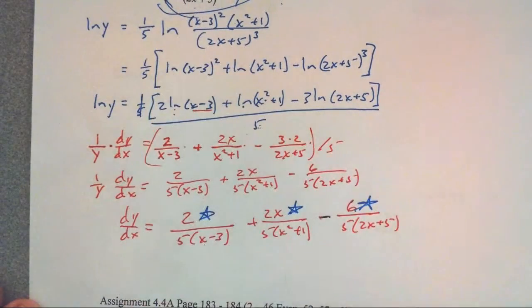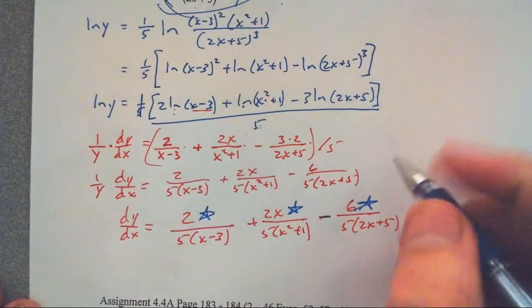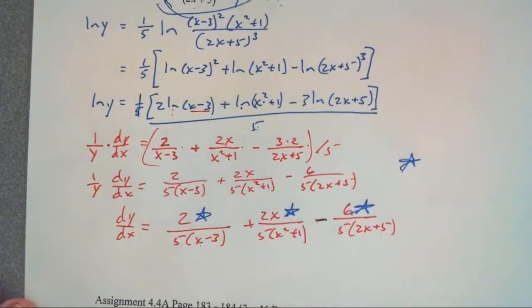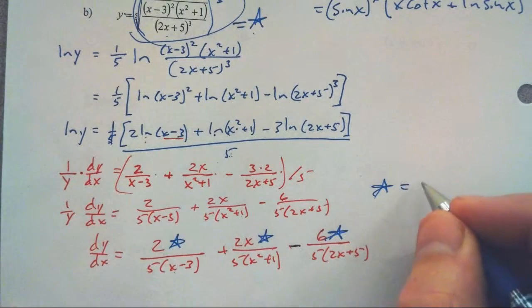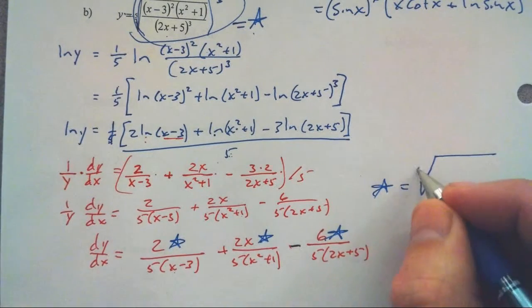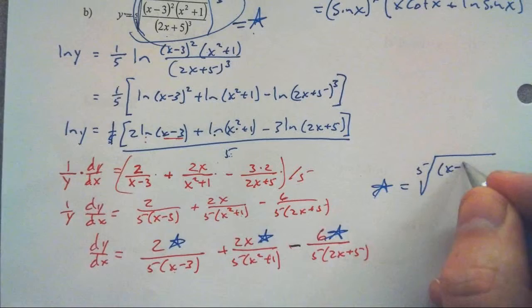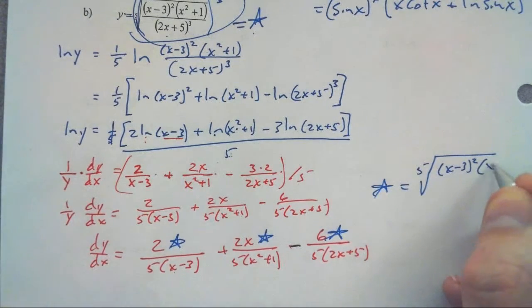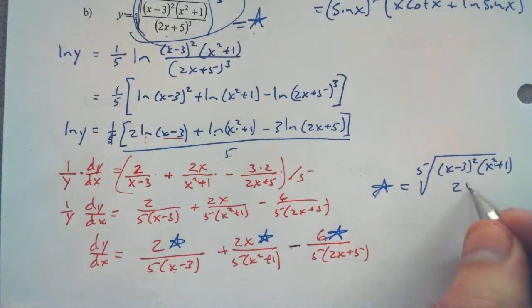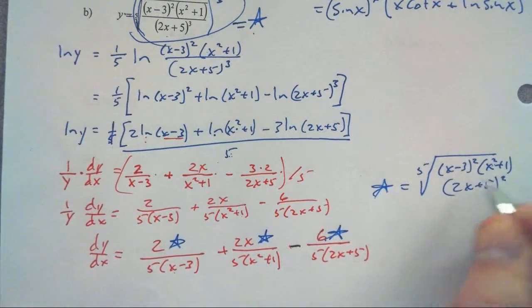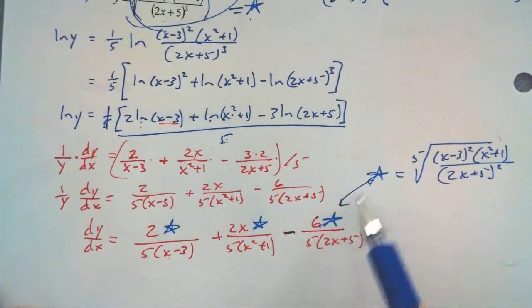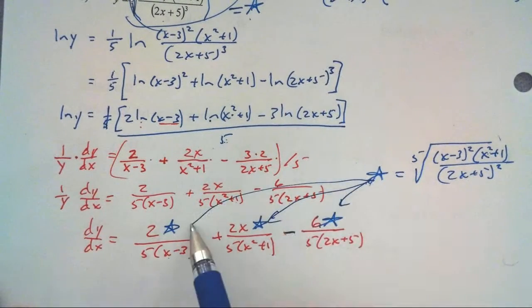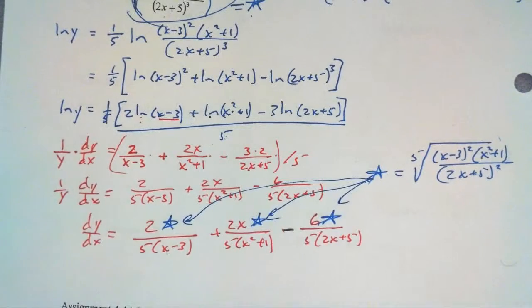And if star is that big mess, again, let's put it down here real quickly just so we can get a good look. If star is that big mess up here, star equals fifth root of (x minus 3) squared times (x squared plus 1) on (2x plus 5) cubed. Just imagine replacing this in place of this, and that guy. And there's our derivative.